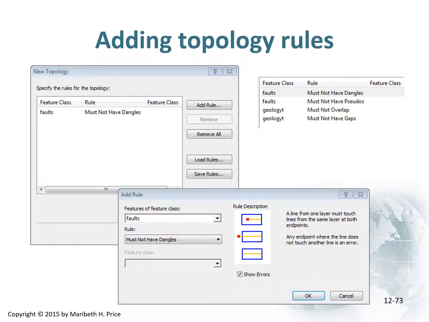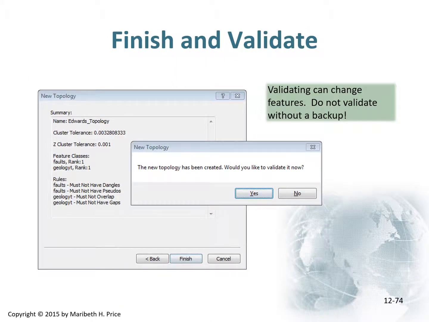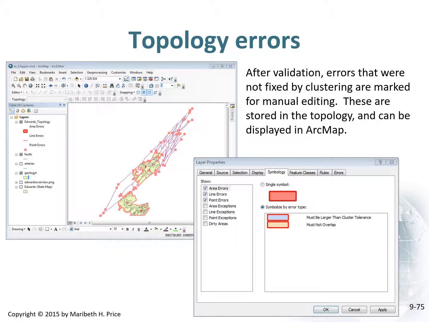Once you set the class up, then you apply rules by simply going down to the list and seeing what's there and adding the ones that you need to each layer that needs them. And once you're done, you can validate it. And then it'll go through after validation. Errors that are not fixed by clustering are marked for manual editing, and they're stored in topology and can be displayed. And here you can see what the errors look like.